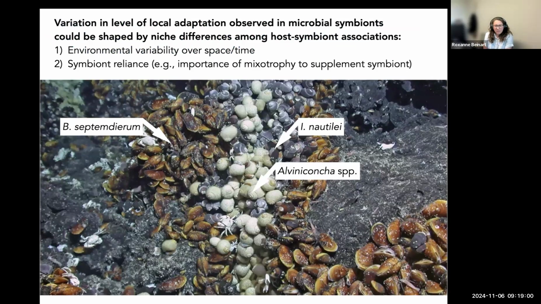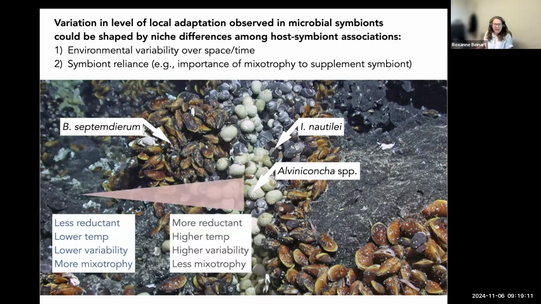And this we think could be related to the fact that the mussels occupy a kind of different habitat than the snails do. The snails are much closer to the venting fluid, and they have this high reductant, high temperature environment. This is likely to be a higher variability environment across different sites. And then also we know that these snails rely less on mixotrophy.